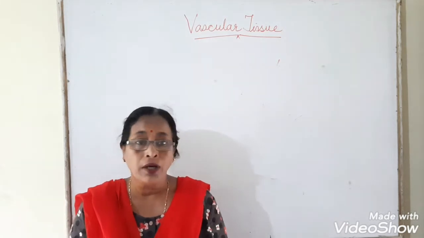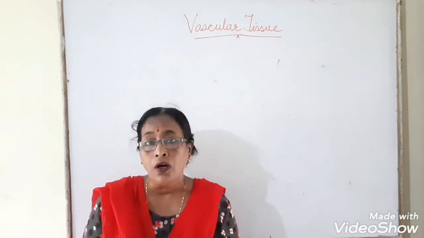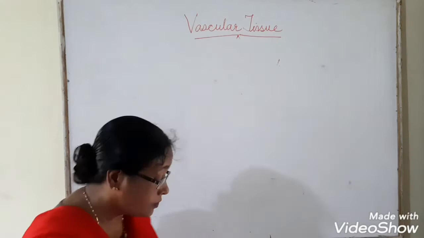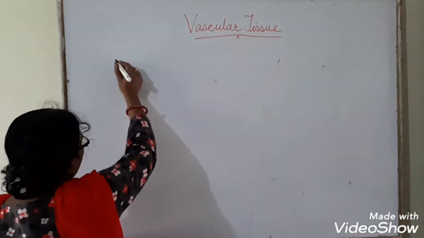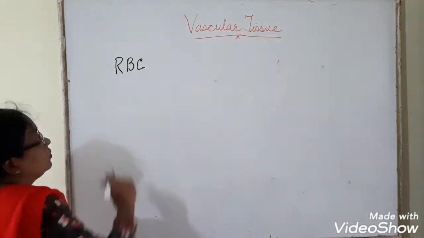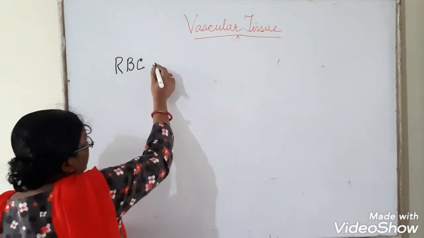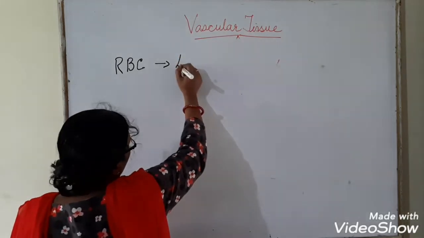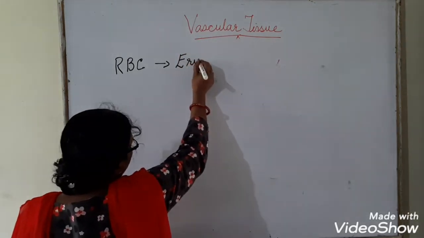Now let us know about the cellular components of the blood. The main cellular component of the blood is the RBC, or the red blood corpuscle, which is also known as erythrocyte.